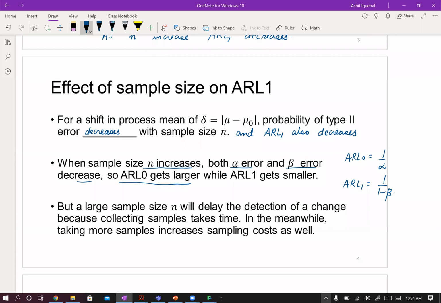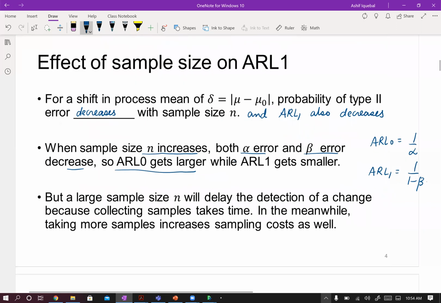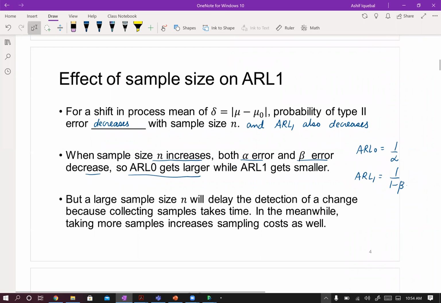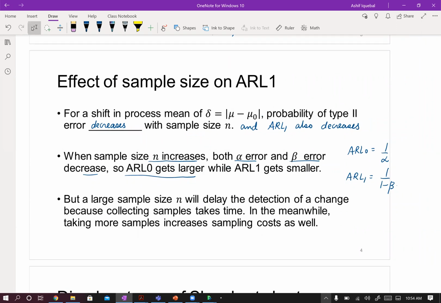We know that we want ARL0 to be as large as possible, and we want ARL1 to be as small as possible. But to get a large ARL0 and small ARL1, we have to take lots of measurements, right? We have to increase the sample size n. Now, the problem with increasing sample size is that it will delay the detection of a change. Why? Because if you want more measurements, you'll have to spend more time collecting those measurements.